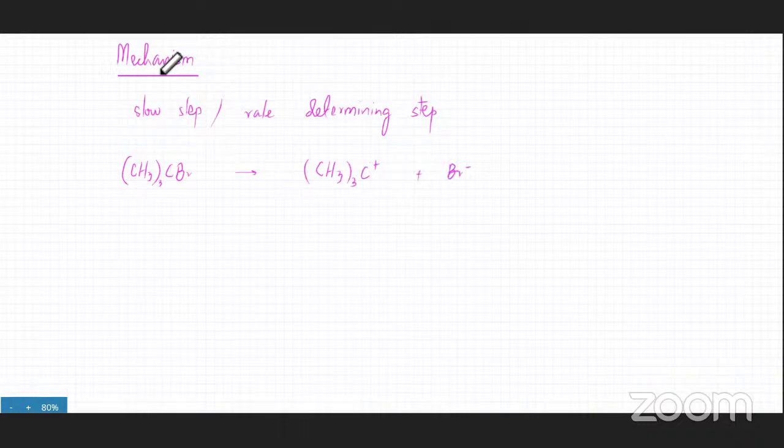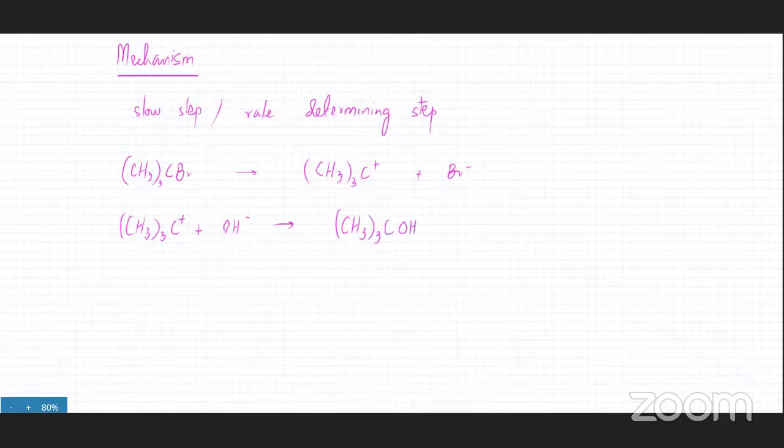So Br minus breaks off, and then the second reactant, which is the OH ion, it comes in and bonds with it. तो COH बन जाता है, ठीक है?